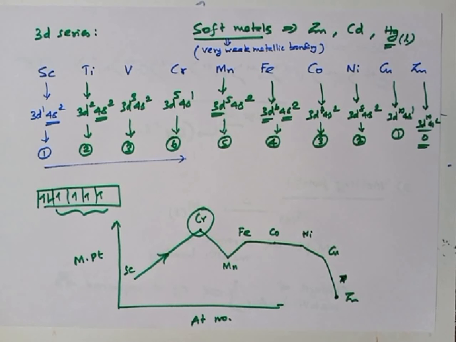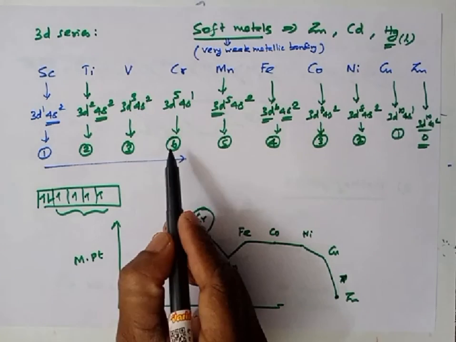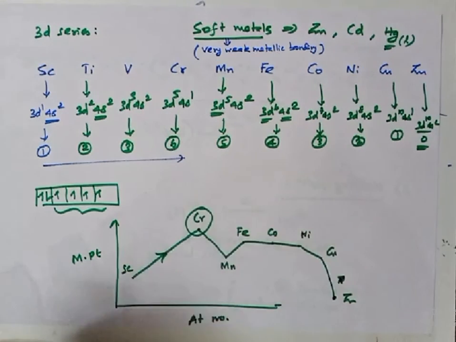Take down: which element has the highest melting point in the 3D series? Chromium. Why? Because it has the maximum number of unpaired electrons. When we have more unpaired electrons, metallic bonding will be very, very strong.